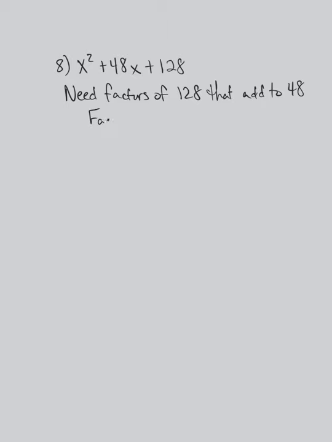Notice that both numbers here are positive. We're looking at factors of 128, and then we want to look at their sum. I will be honest with you, I think this one's prime, but I'm not sure. I just made up the 48 there. I just wanted to show you about having to go through a larger constant number and all of its factors.